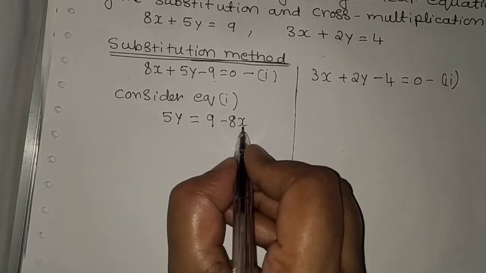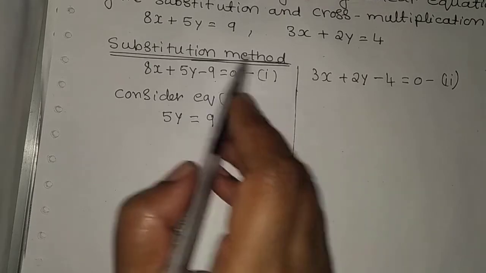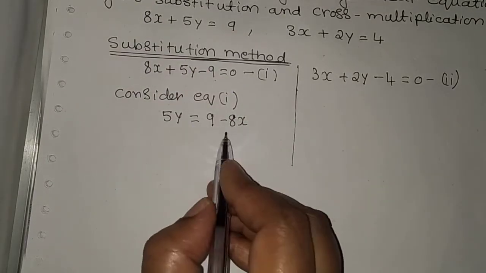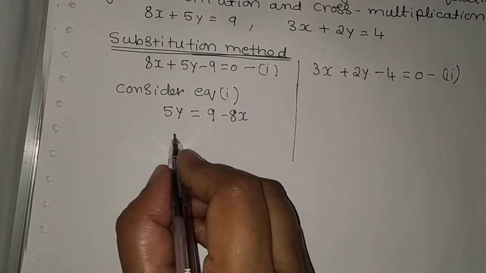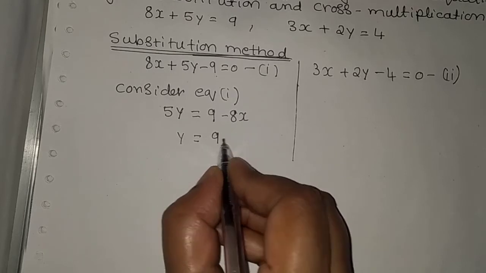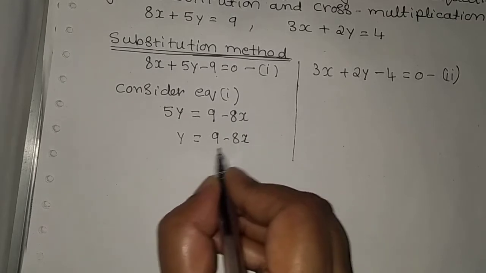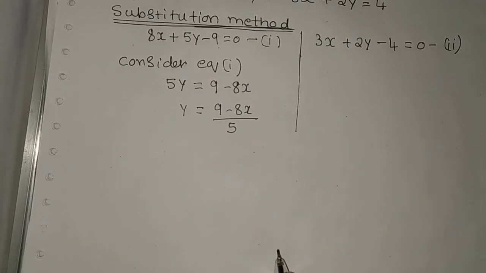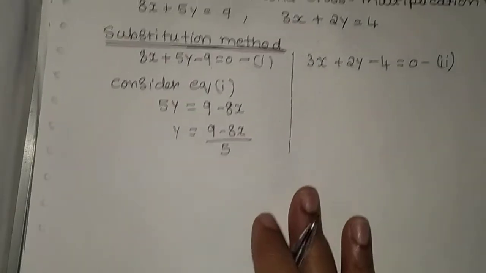So 5y is equal to 9 minus 8x. Therefore, y is equal to (9 minus 8x) by 5. This is y.